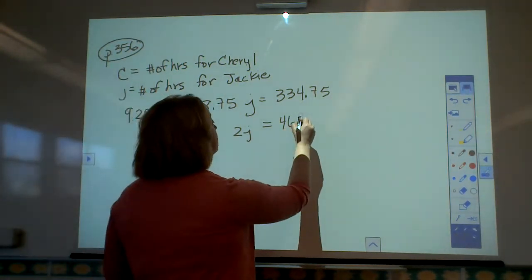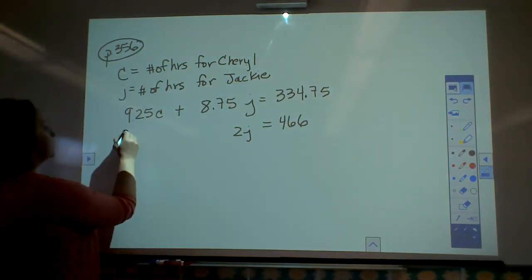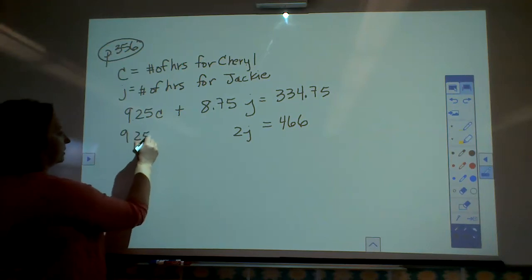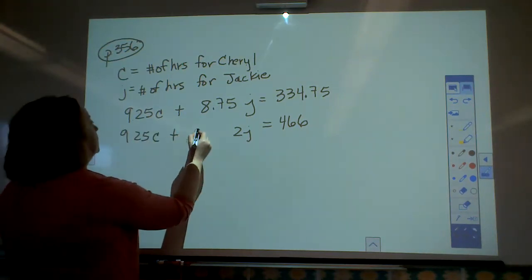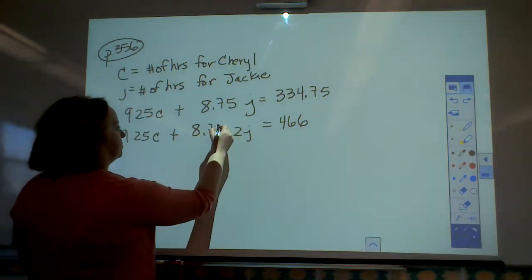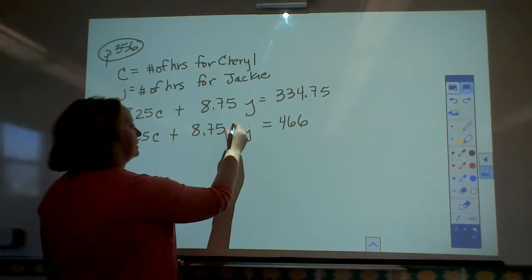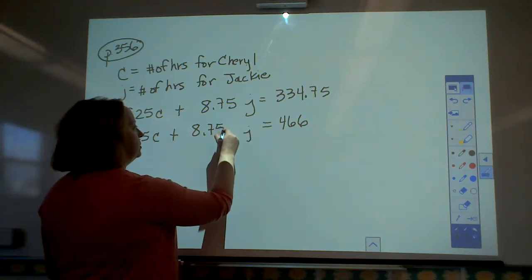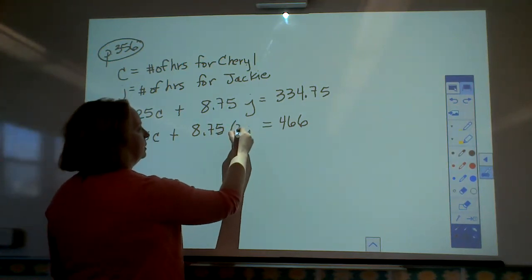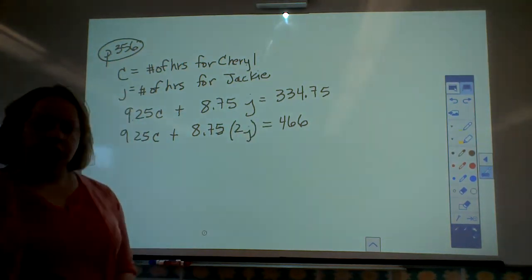Cheryl is still getting $9.25 an hour. It's still 8.75, but we're going to take it times 2J because she doubled her work hours.